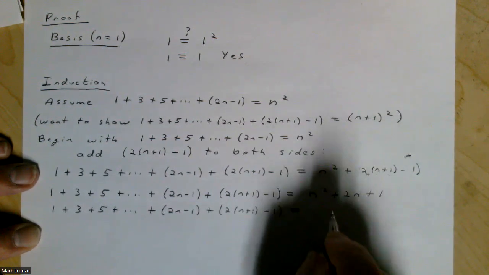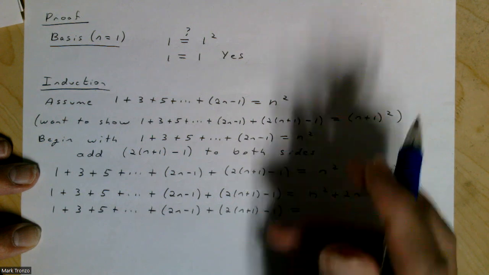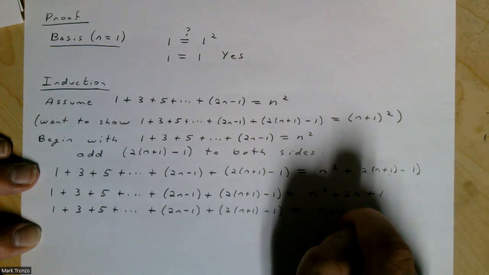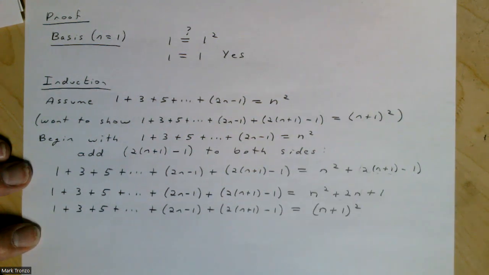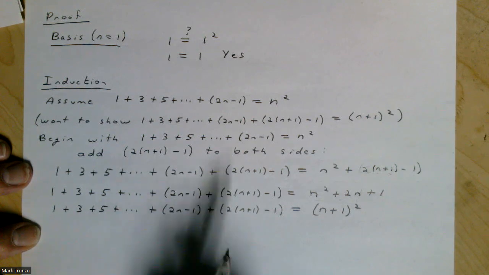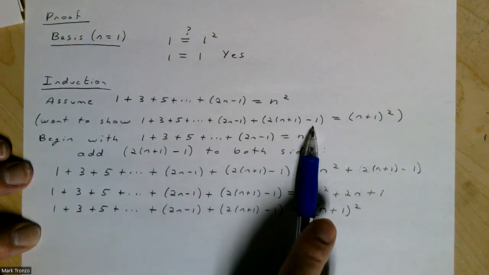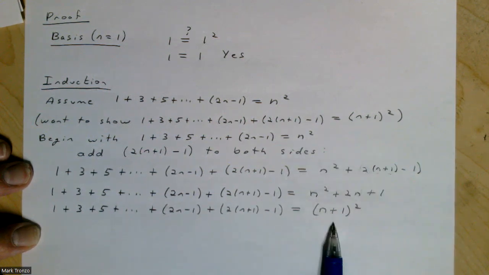Of course, this factors into n plus 1 times n plus 1, which is n plus 1 squared. So now we've matched what we wanted to show. We wanted to show that this is equal to this.